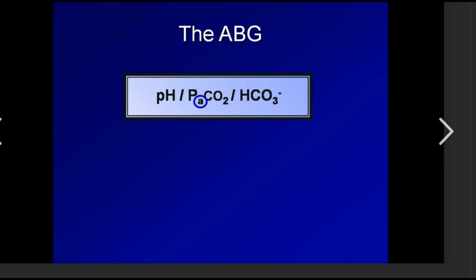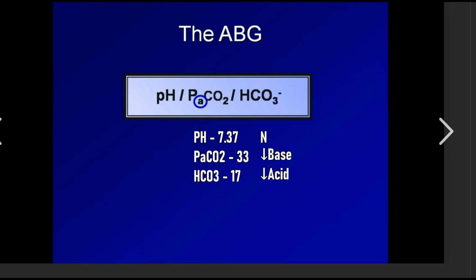Okay, now let's look into another ABG. pH of 7.37, PaCO2 of 33 and bicarb of 17. Again, pH 7.35 to 7.45 is normal. PaCO2 35 to 45, so it's low. Bicarb is 22 to 26, it's low.